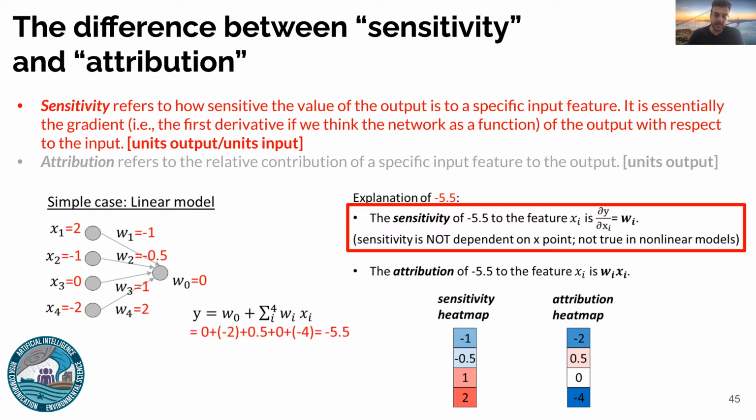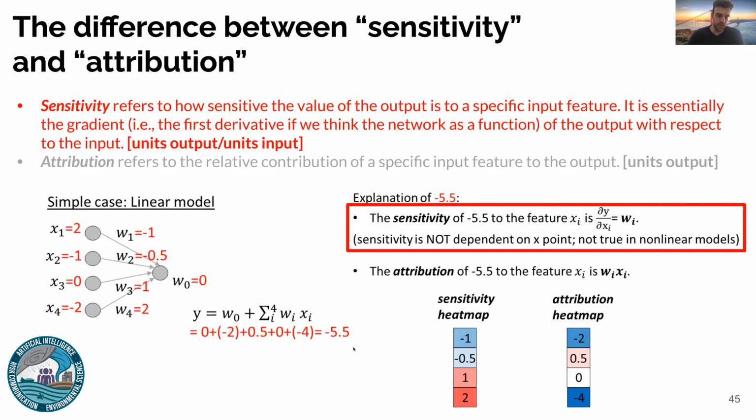This is an indication of the input or some features in the input being important if the output is very sensitive to changes in those features. So sensitivity refers to how sensitive the output of the model is when we apply changes to a specific feature in our input.